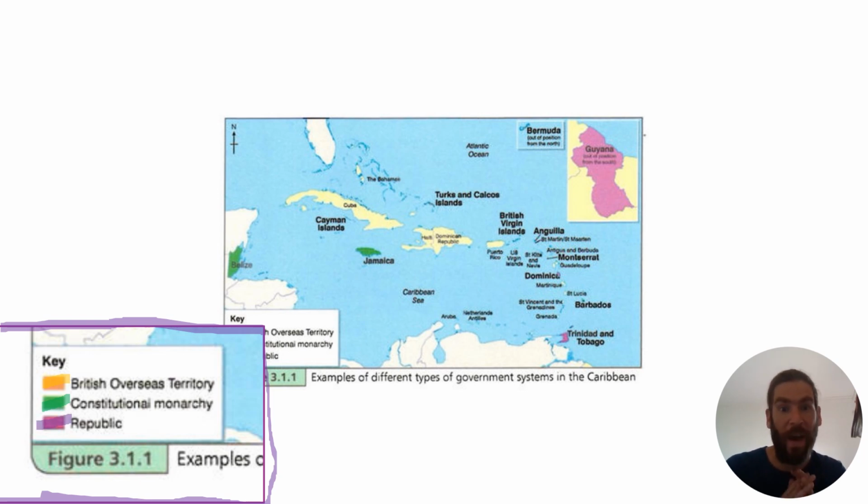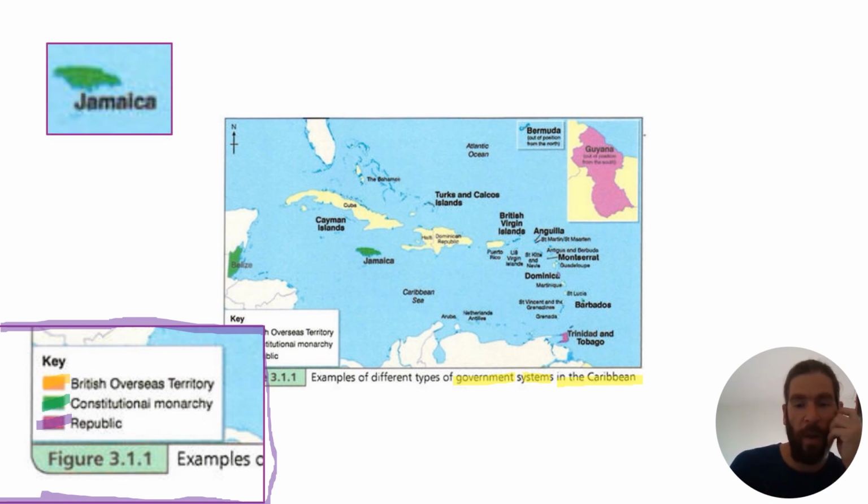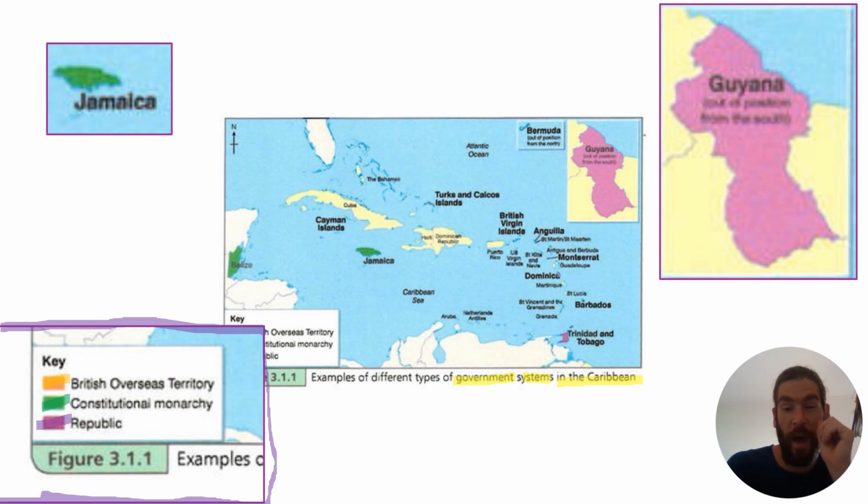For now, it isn't that important what each color means. What is important is that you recognize that there are different government systems in the Caribbean. For instance, Jamaica is green, and that means constitutional monarchy. So Jamaica has a constitutional monarchy. But we also have Guyana.